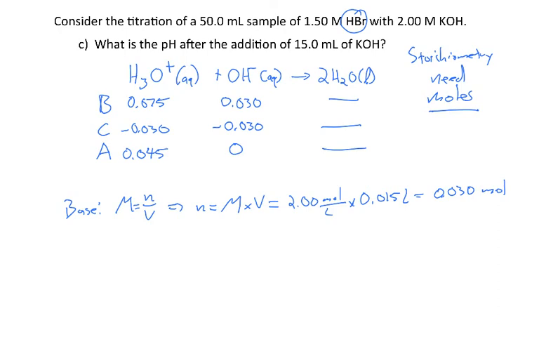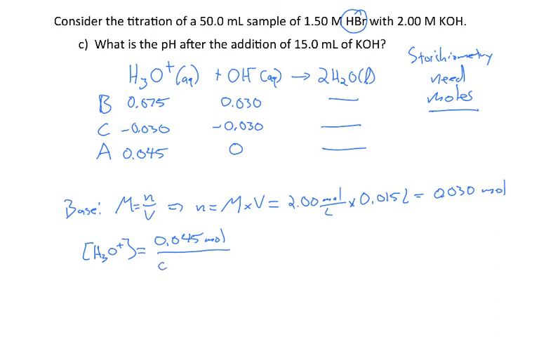So now to find the pH, I know the moles of H3O plus, and I know the volume. The volume is the 50 milliliters of acid that I started with, plus 15 milliliters of base, so I can find the concentration of H3O plus. Don't forget to add the volumes. So 50 plus 15 is 65.